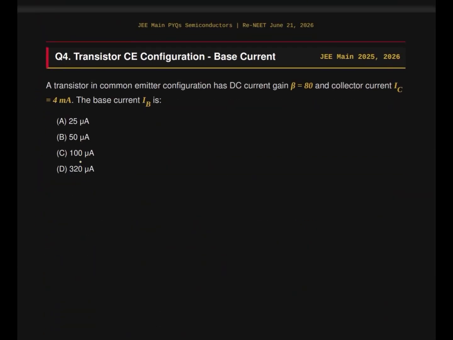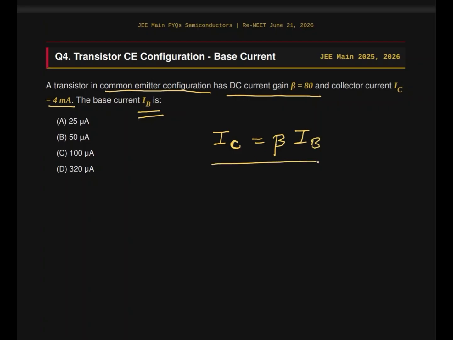Next, we have a common emitter configuration, DC current gain 80, collector current as 4 milliamperes. We need to find the base current. Fairly simple question, right? Collector current is beta times base current. You should remember this one for common emitter configuration.